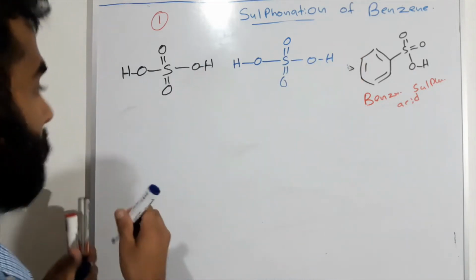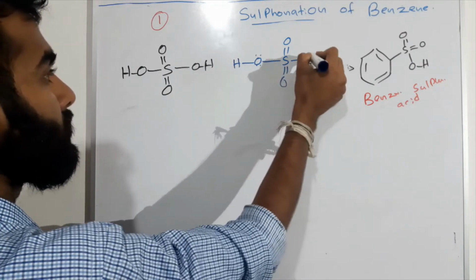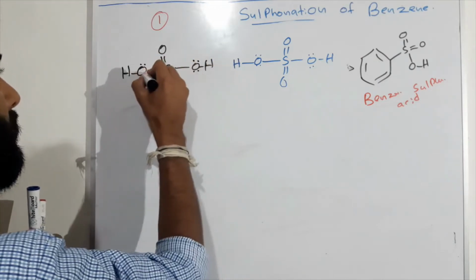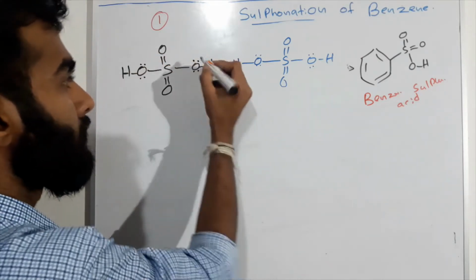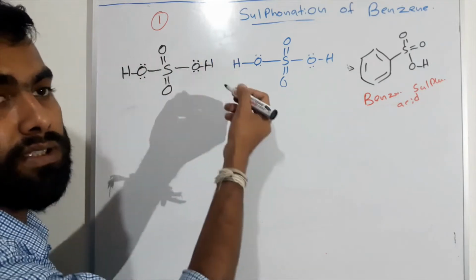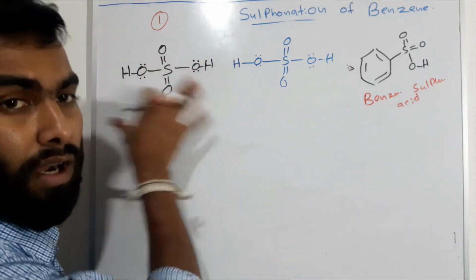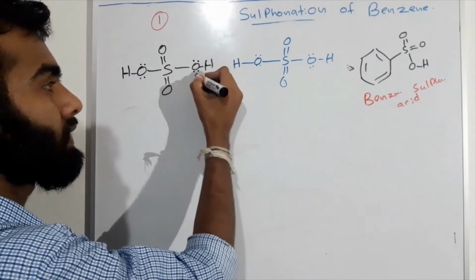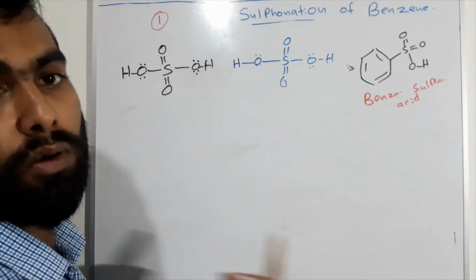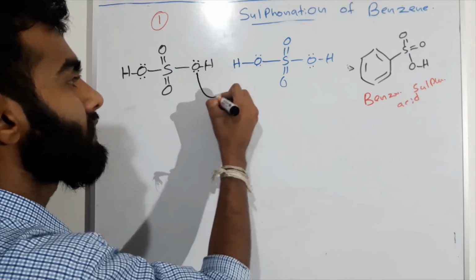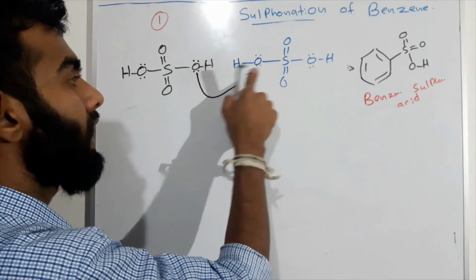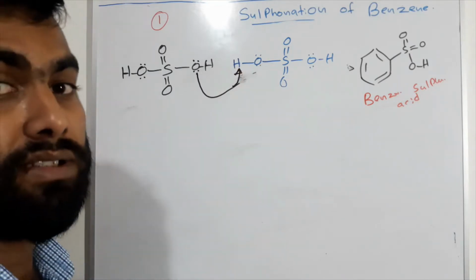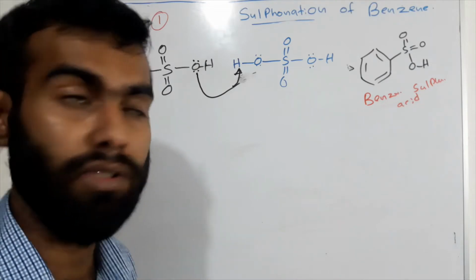We know an oxygen has two lone pairs. The reaction will start from one lone pair of a particular oxygen in one sulfuric acid molecule. One of those lone pairs will attack the hydrogen of the adjacent sulfuric acid.